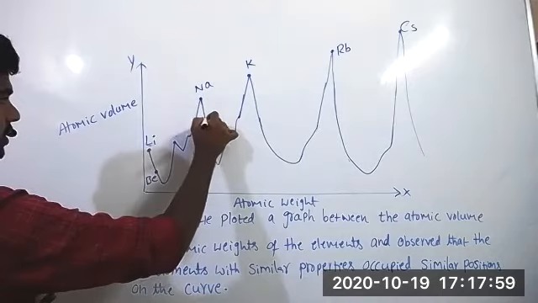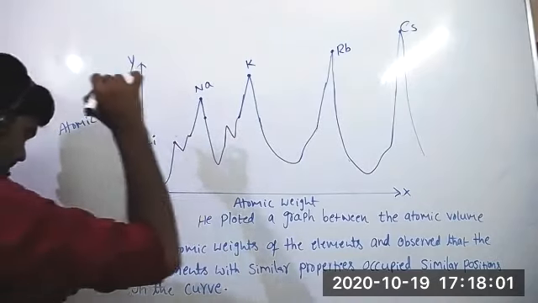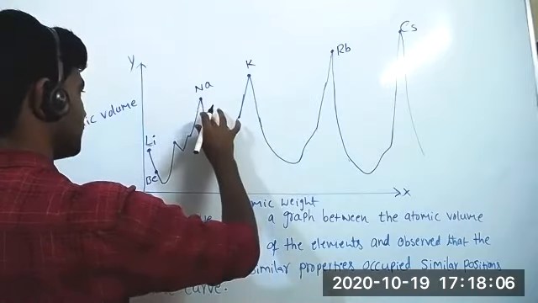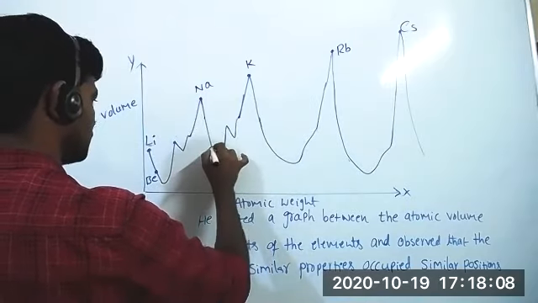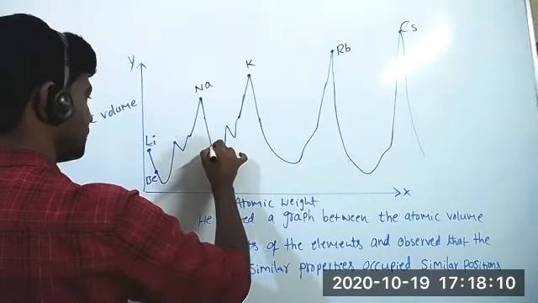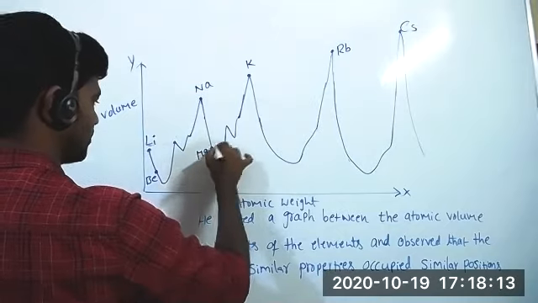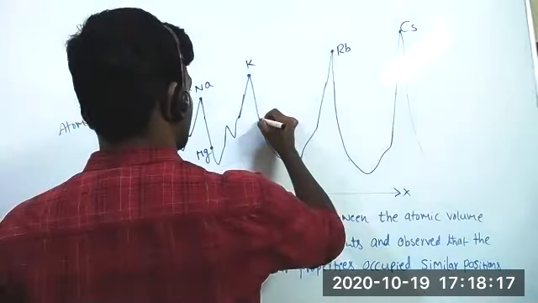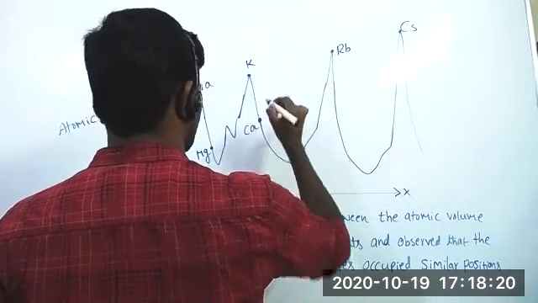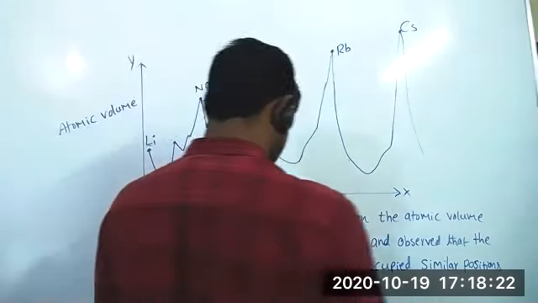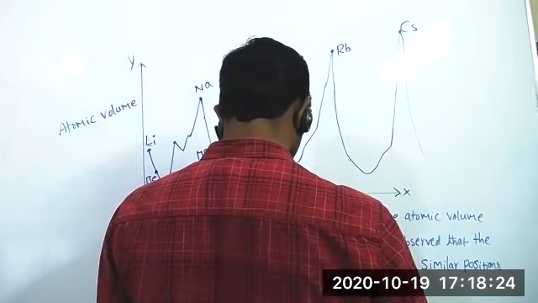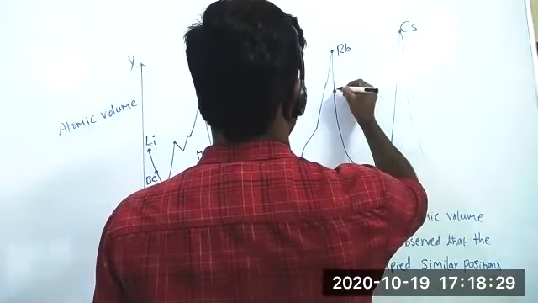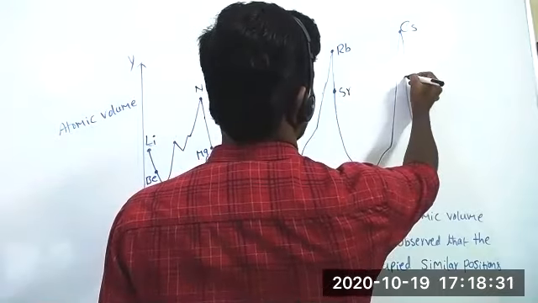Next, in a descending position, take it somewhat down: the position for magnesium, this position for calcium, strontium, and here is the barium.